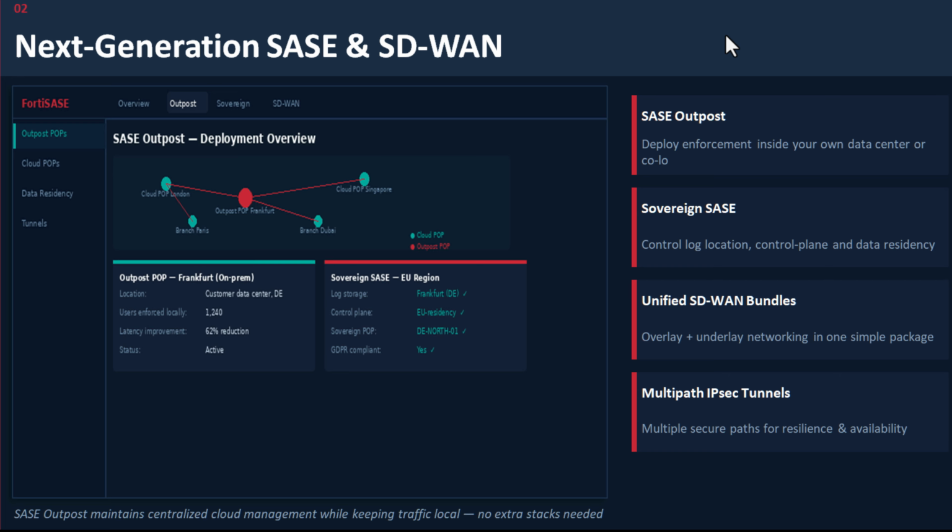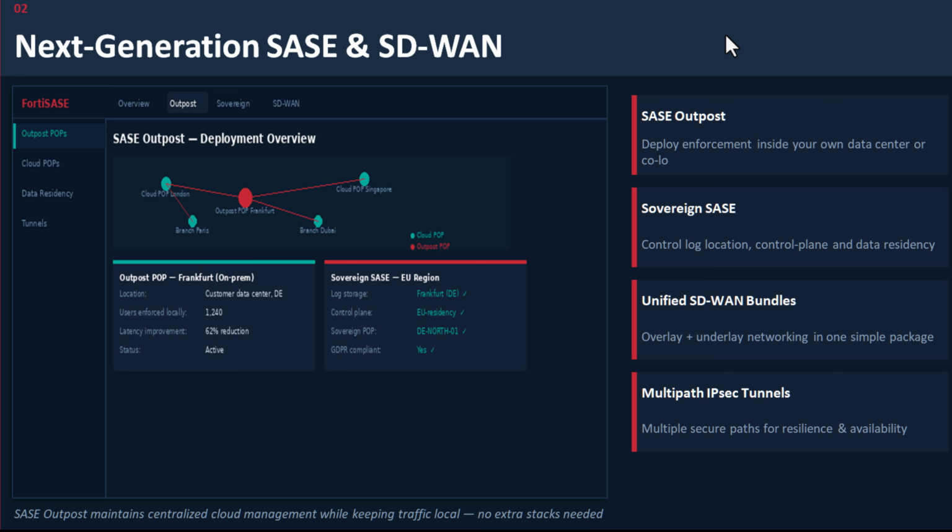SASE Outpost solves this by letting you put the security checkpoint inside your own building, so traffic stays local and fast. And Sovereign SASE goes further. It lets you control exactly which country stores your logs and data, which is critical for companies that must comply with laws like GDPR in Europe, for example.